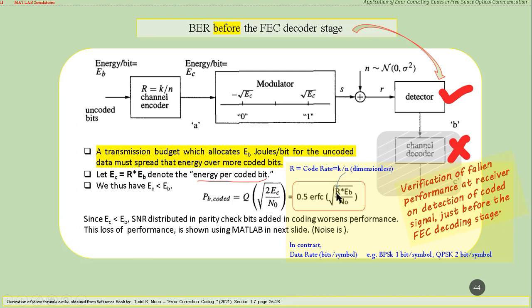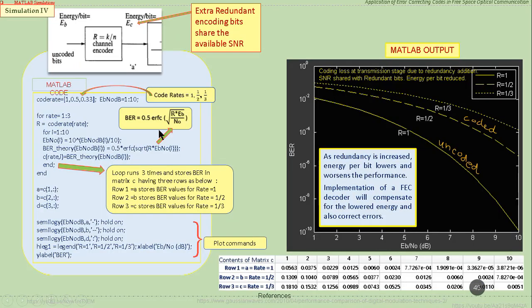We were not appending any bits to the message bits to ensure their correctness. But when we are adding, suppose for one bit we are sending two bits, one as a guard bit and the message bit, then the energy is spread into those two bits. So this will decrease and the probability of error will increase. At the detector we will notice that. Let us do that.